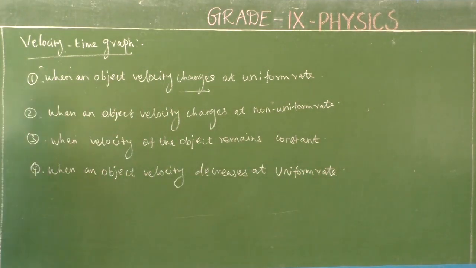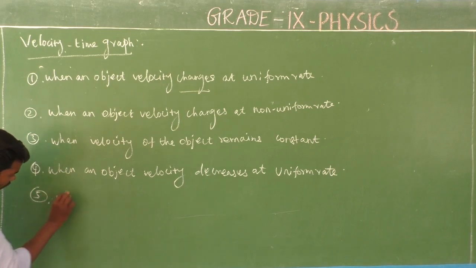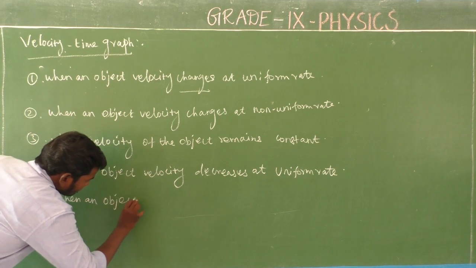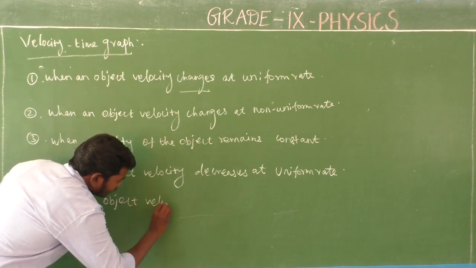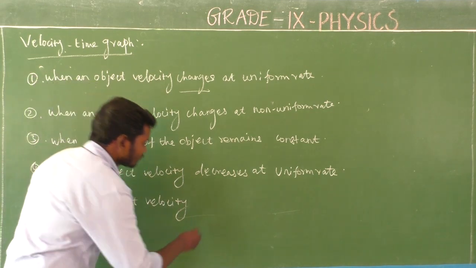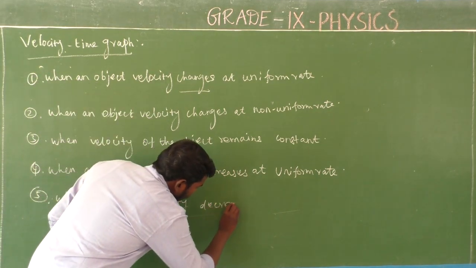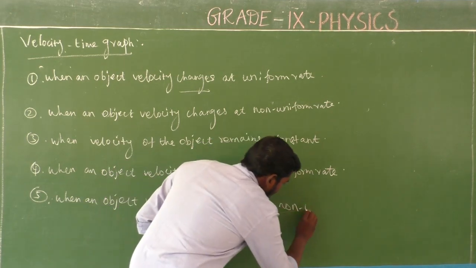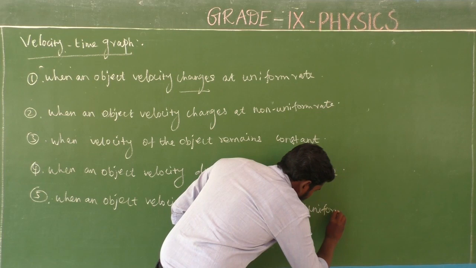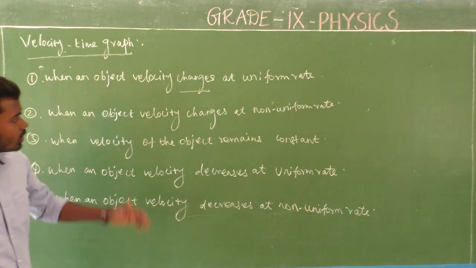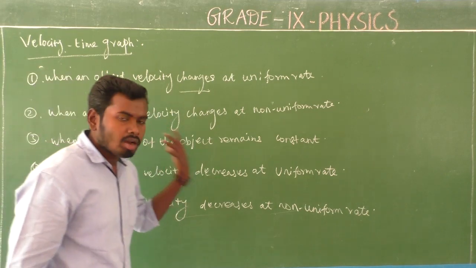And final one: when an object's velocity decreases at non-uniform rate. You write down all these in your class document.